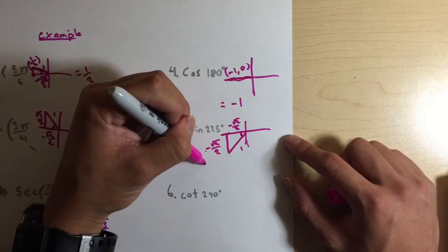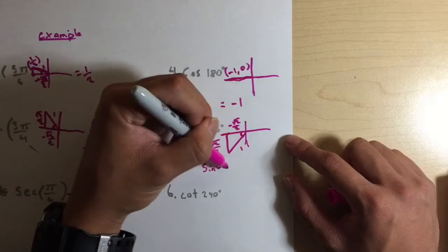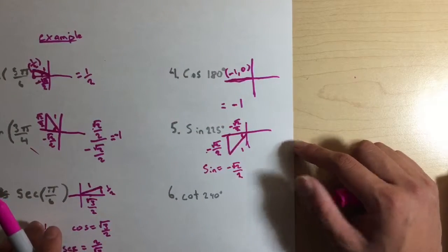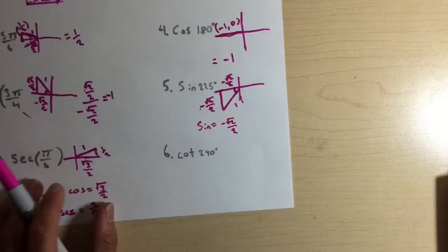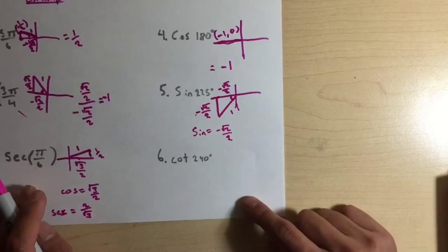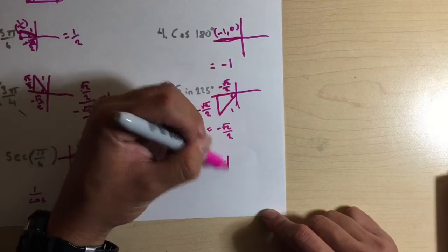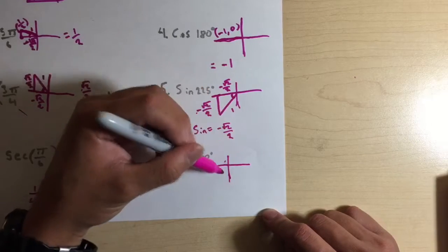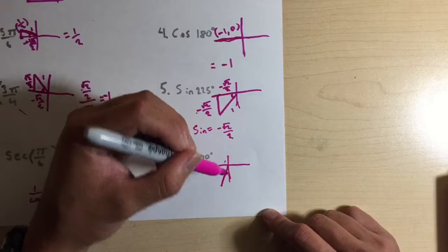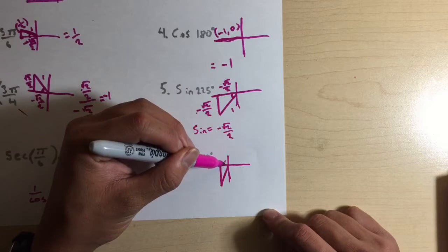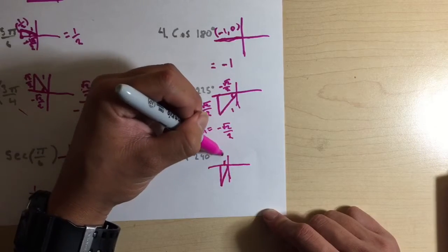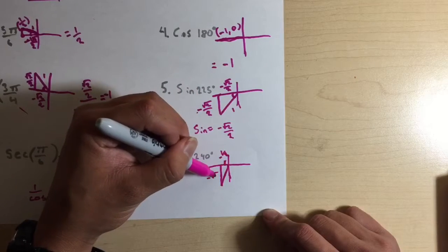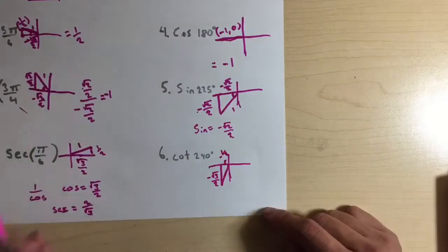So sine would equal negative rad 2 over 2. And finally, cotangent 240. All we have to do is find 240 on the unit circle, which is right here. So this side would equal negative a half, and this side would equal negative rad 3 over 2.